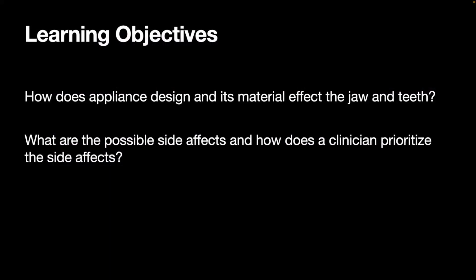Hopefully we accomplished the learning objectives that we set out for today. We talked about appliance design, how each appliance design potentially has an impact on teeth, and how different appliances on the market will affect different teeth. We talked about materials, nylon versus metal clasps, and how that could potentially create some side effects with openings between the teeth.